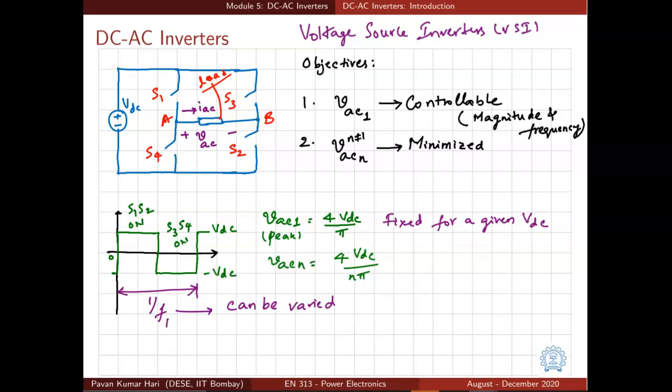Now, having defined the objectives of our voltage source inverters, let us try to relate those objectives to what we have learnt. We have learned that we can produce a square wave AC voltage, like this green square wave, and how are we producing it? By turning the diagonal switches on and off for equal intervals.